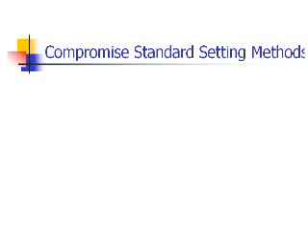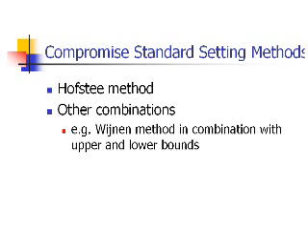Then we have finally compromise standard setting methods, which make a compromise between absolute and relative standard setting methods. One is the Hofstee method, which I will come to in a minute, or other combinations. For example, suppose, which we are using or have used for a long time with our OSCEs, we use the Vleuten method applied to the total OSCE score.